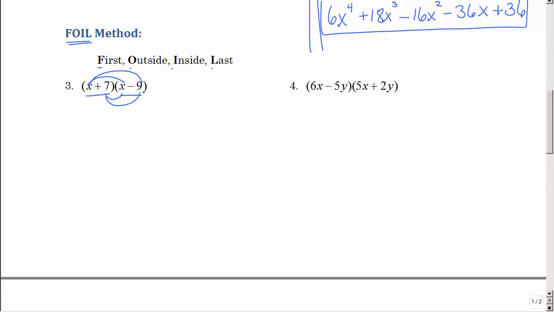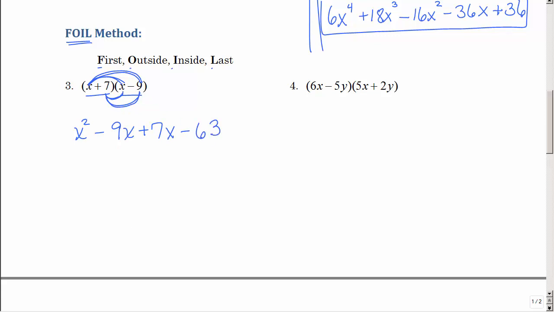It's just the distributive property. Every term in the first parenthesis multiplied by every term in the second parenthesis. So x times x is x squared, x times negative 9, 7 times x, and it's positive, and 7 times negative 9.